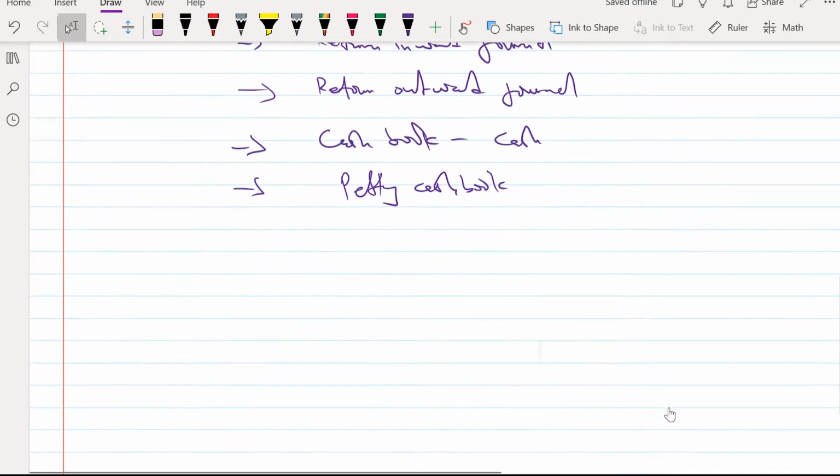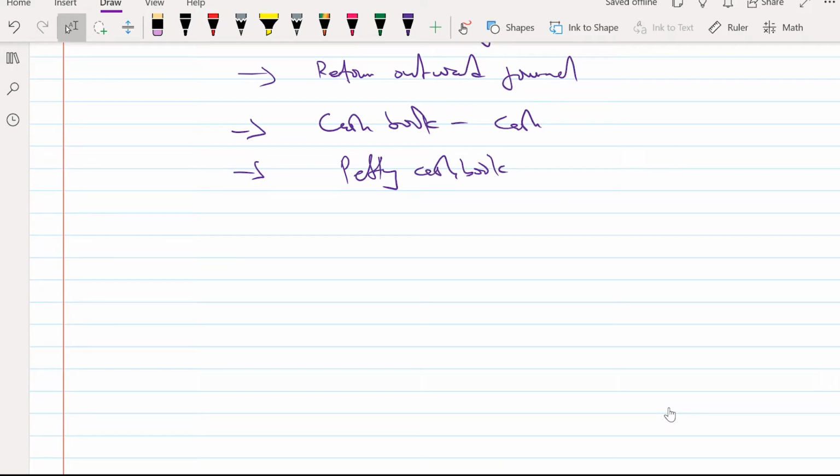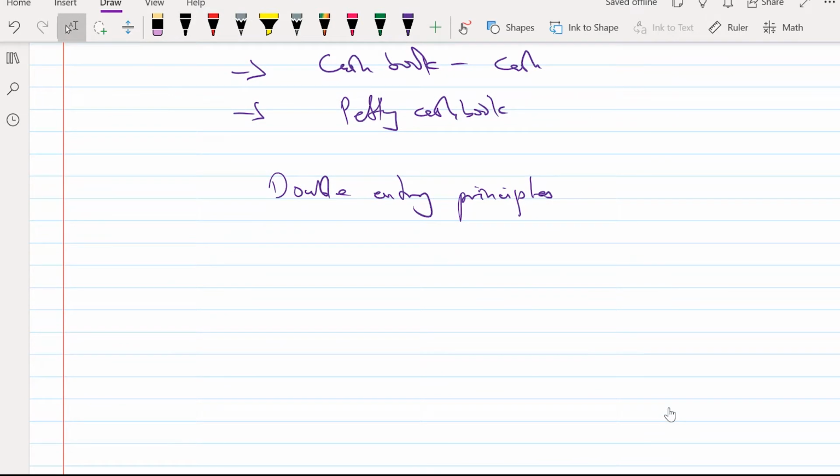But we have the double entry principles coming in. Now, the double entry principles, of course, I've said that for every debit entry, there must be a corresponding credit entry.